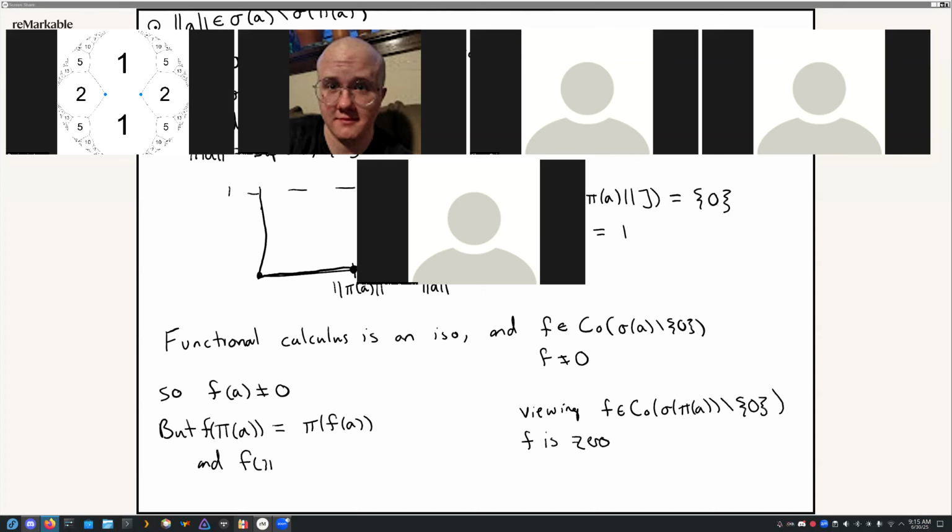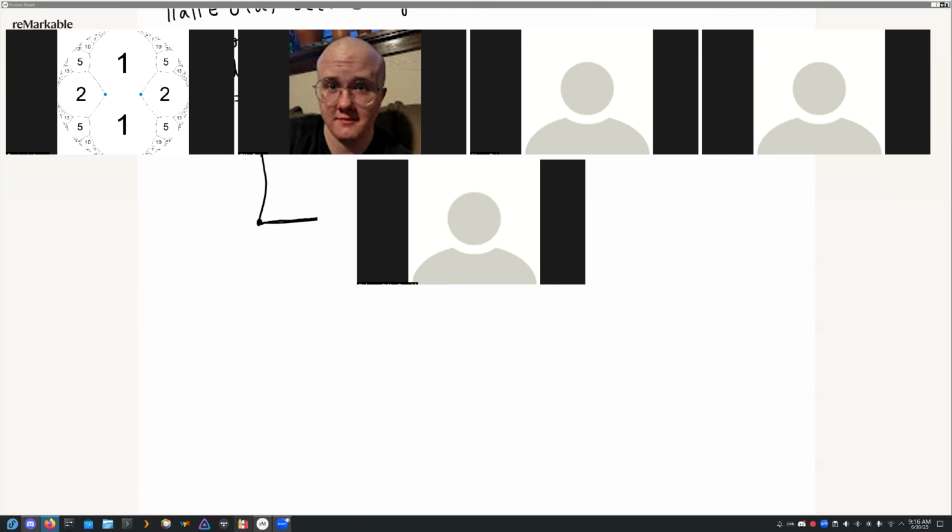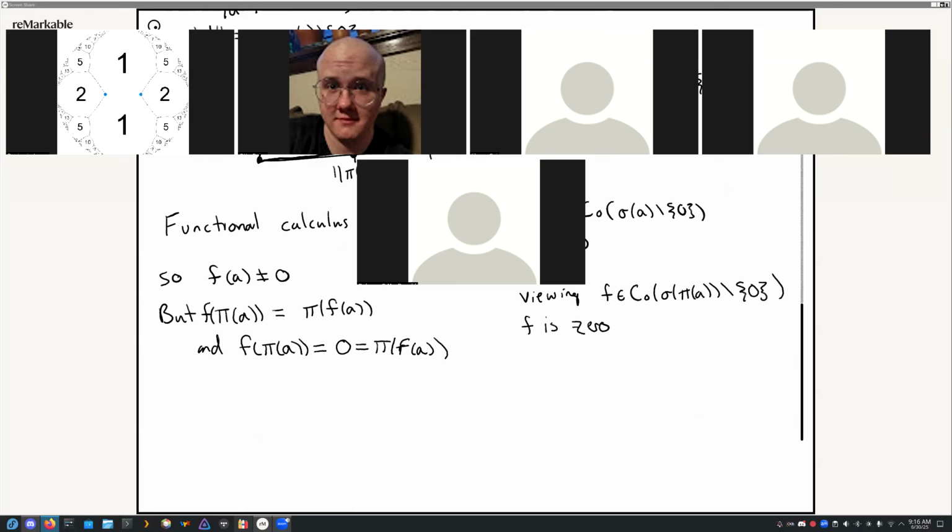So that means f of pi of A is 0, and that's pi of f of A. So we have a non-zero element f of A which maps to 0 under pi. This contradicts the injectivity of pi.